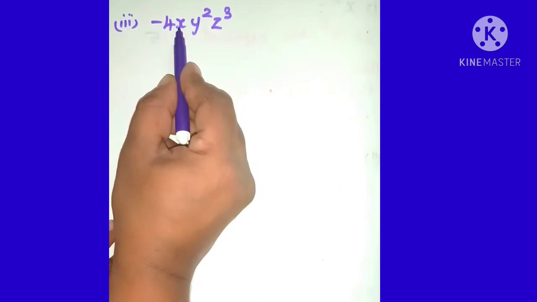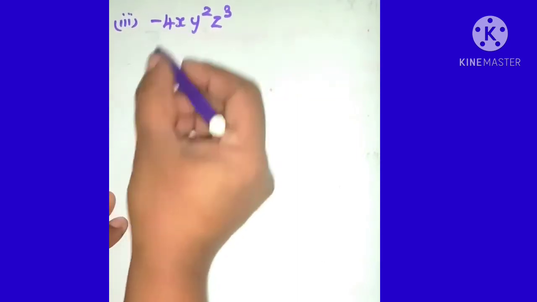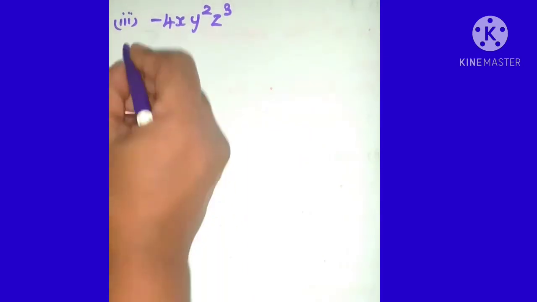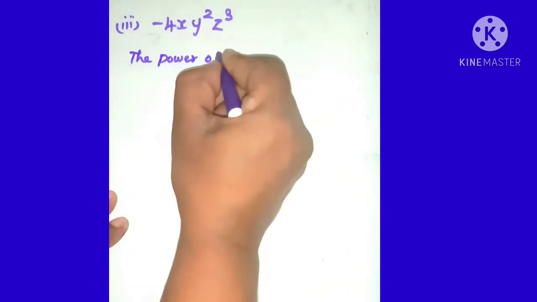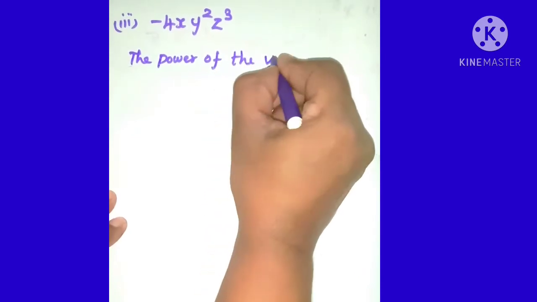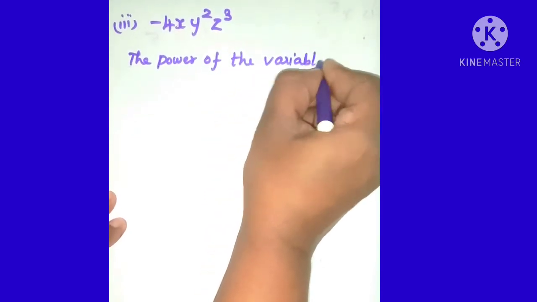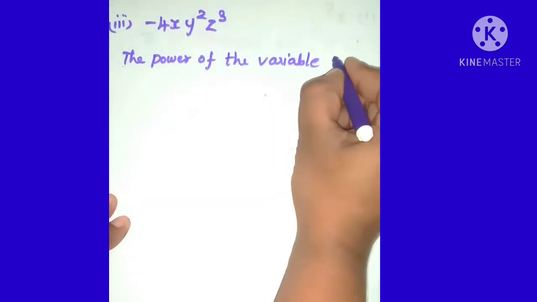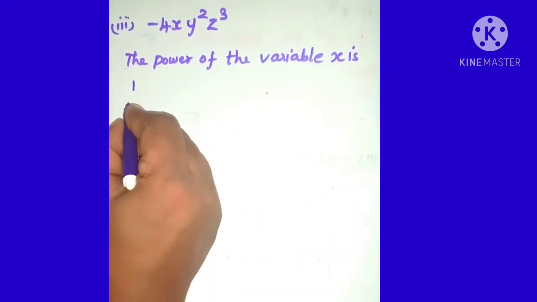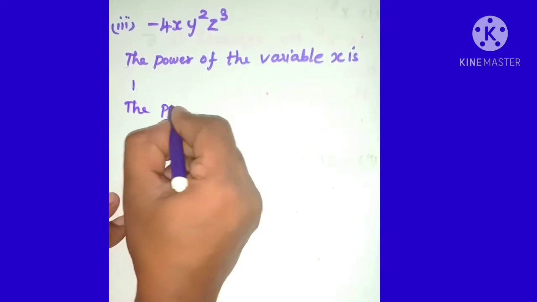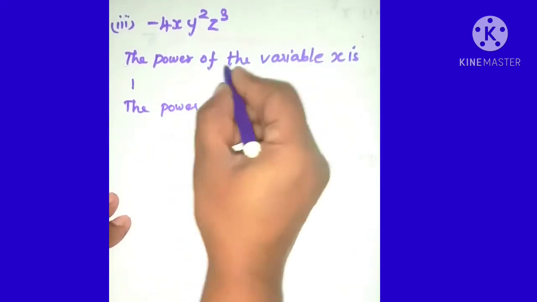So what is the power of the variable x? That is 1. So the power of the variable x is 1. And what is the power of the variable y squared?